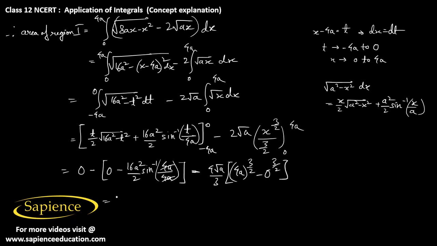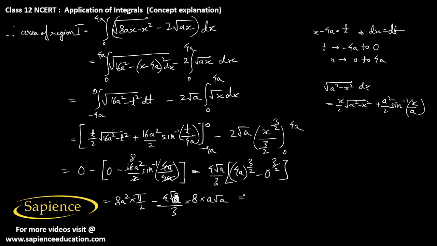So this will be equal to plus 8a² into sine inverse 1, that is pi by 2, then minus 4 root a by 3 into, this is 4 root over 4, that is 2, so 2 cube, that is 8, and a to the power 3 by 2, a root a I can write.